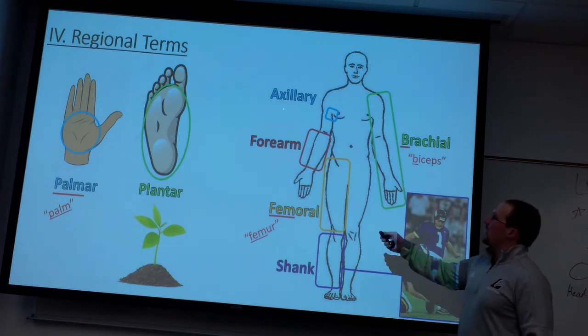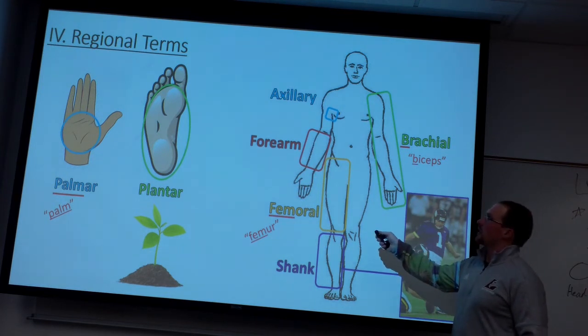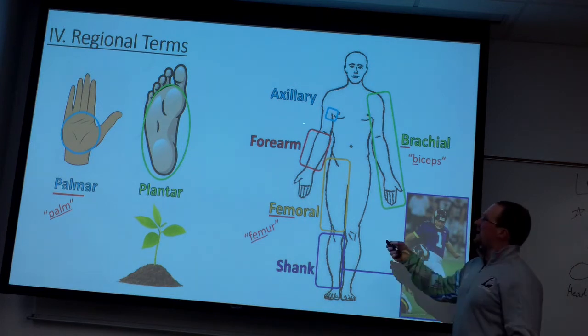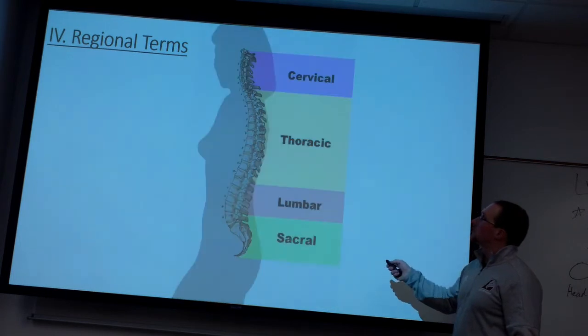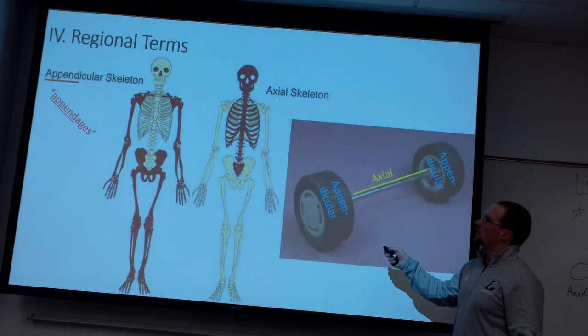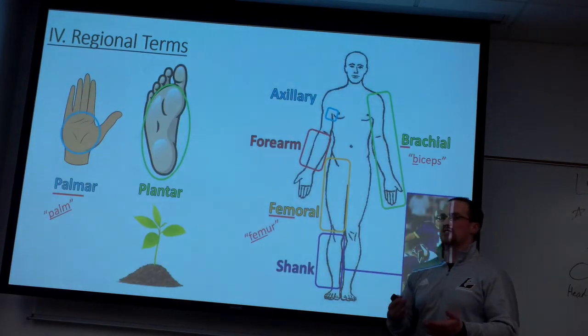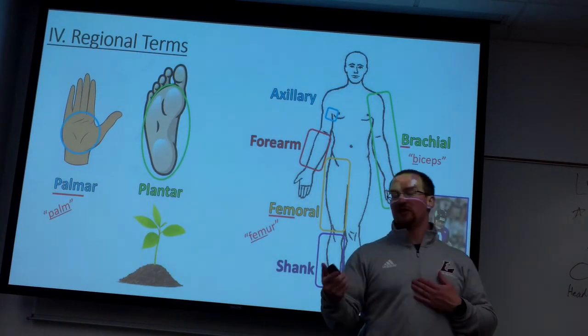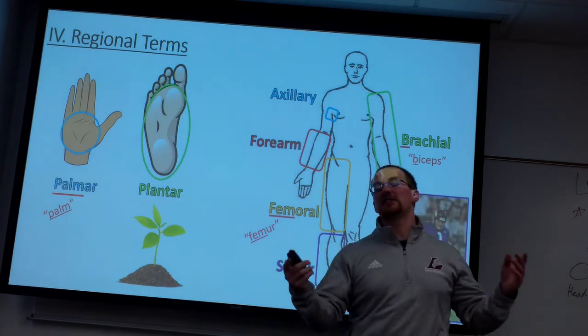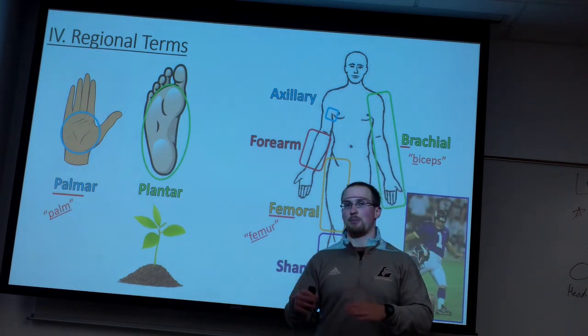Take a look here. Axillary. Axillary meaning armpit. And now notice axillary is similarly spelled to axial, but notice it's different. And this is why spelling is so important, which is why next week on the quiz, make sure that you keep spelling on point.